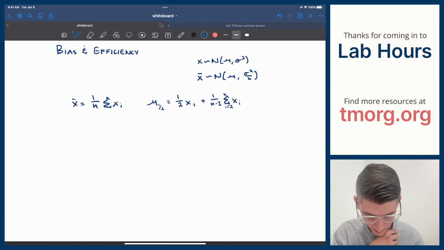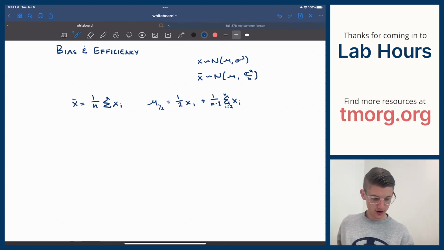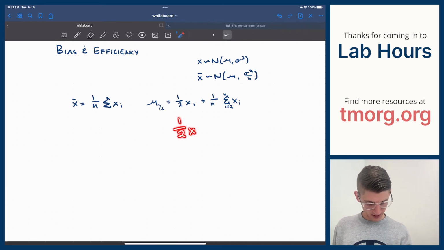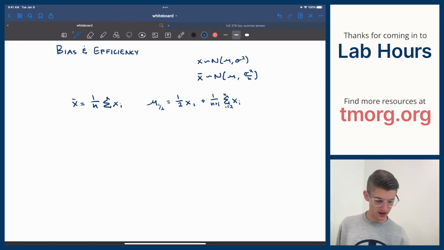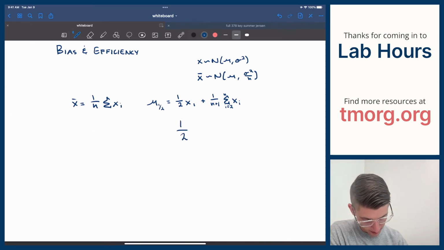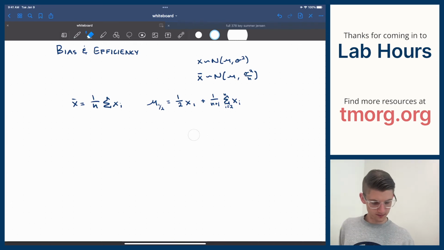Because if I have 2 observations... No, something's wrong with that formula, but that's okay. Oh, I see what it is. If I have 3 observations left, this would be 1/2 x1 plus 1/4. It should be n plus 1? No, that's not right either. Well, some formula that does that.